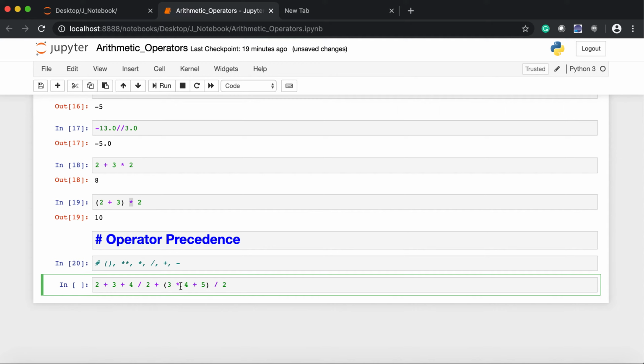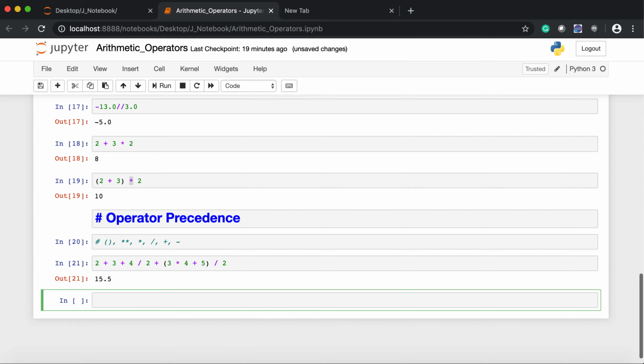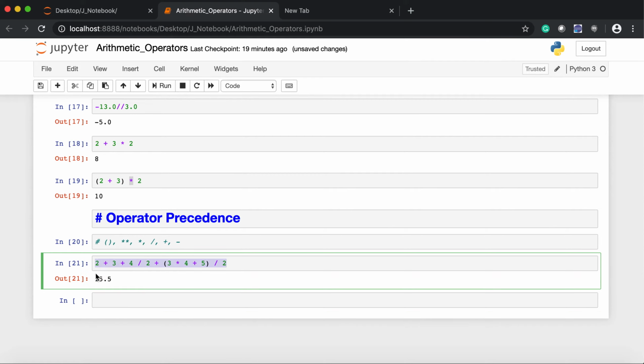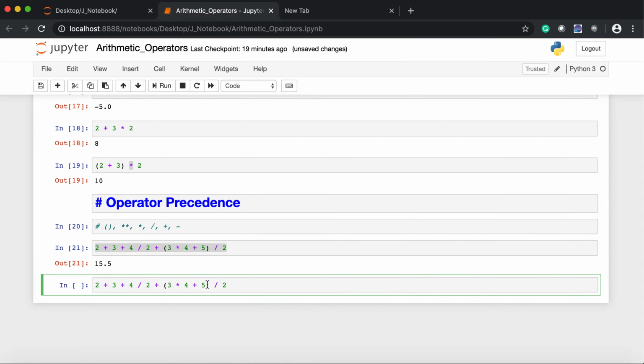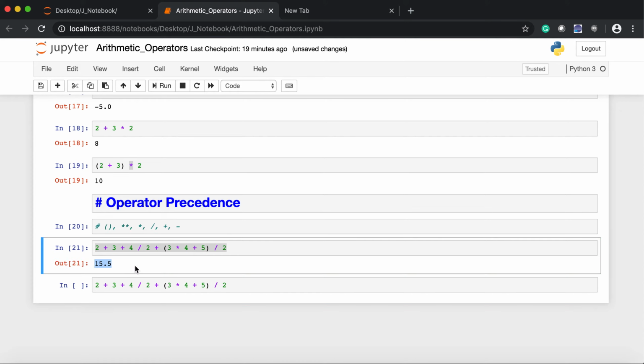Yeah, so we have added all, I guess. Yes, so first quickly we'll check what the output is. So here the output is 15.5. So we'll again copy paste it down here, and we'll try to check what is exactly happening to get this output 15.5.